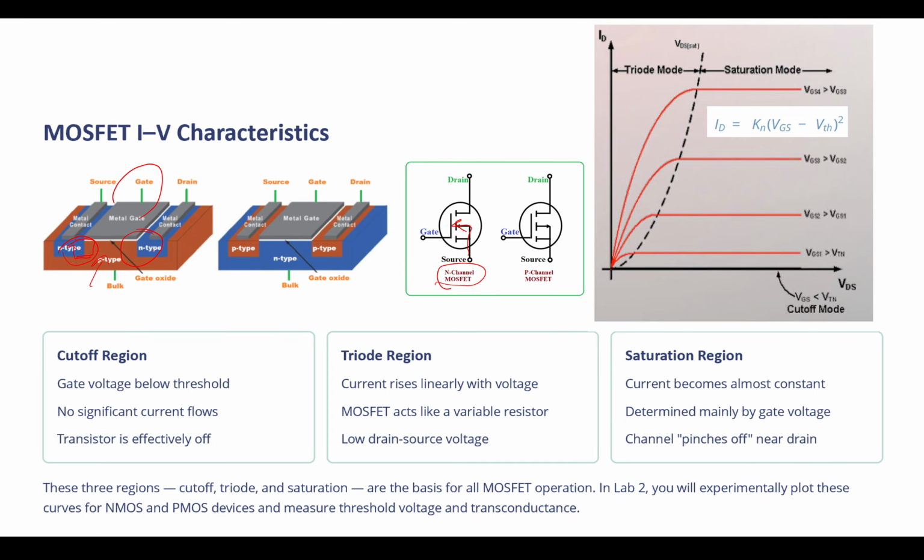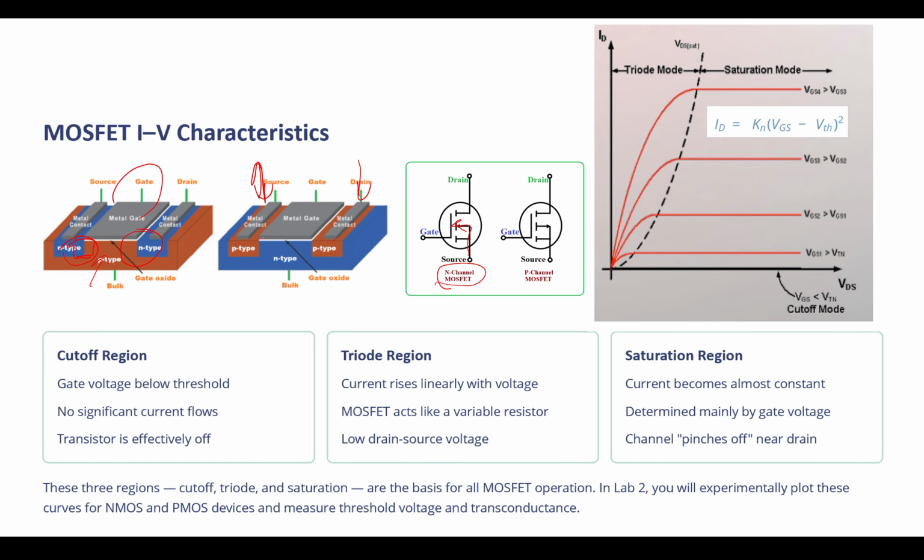Now, the interesting behavior these transistors have, because they have three semiconductors connected to each other, is that when you don't apply any voltage to the gate, each pair could be seen as a diode. Let's say we have a voltage at the drain and a voltage at the source, but nothing at the gate.